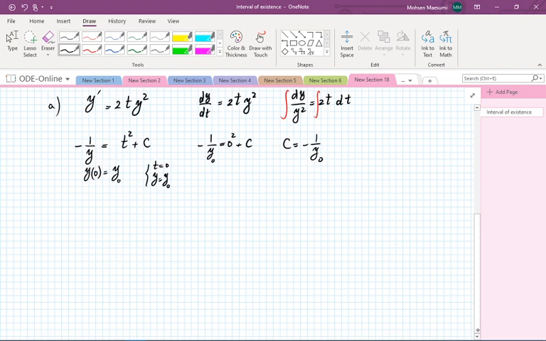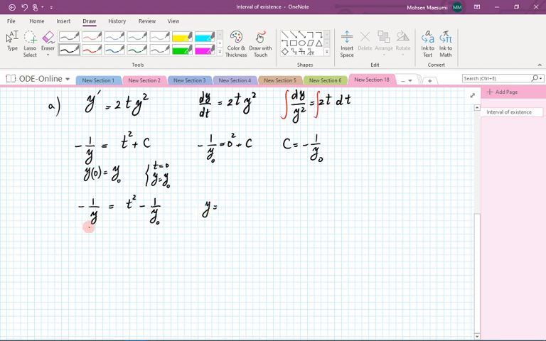This is a very crucial step, to replace your constant by a function of y0. So I have minus 1 over y is equal to t squared minus 1 over y0. Next question, crucial question, what is y equal to?